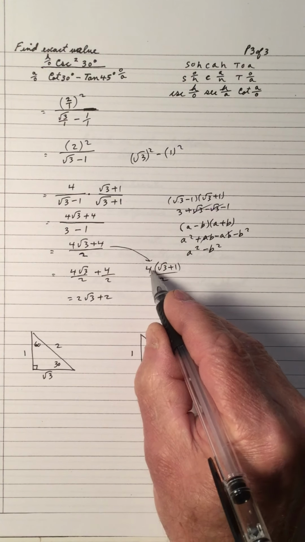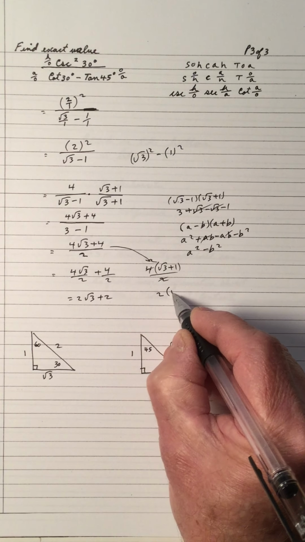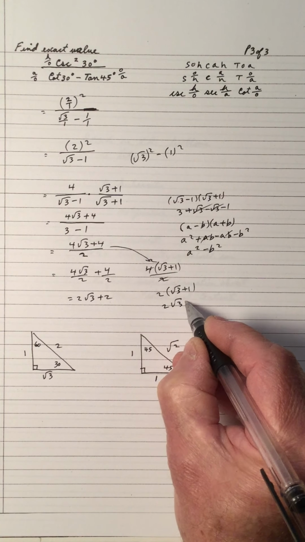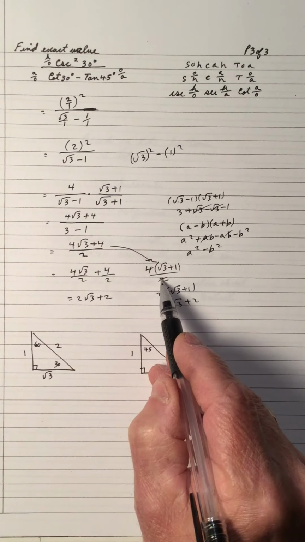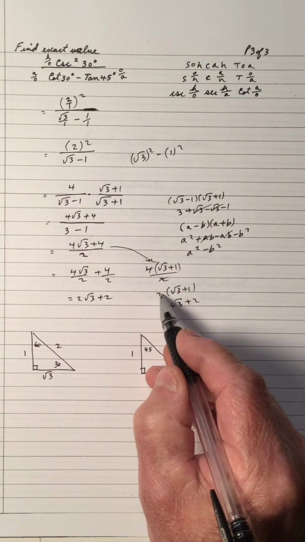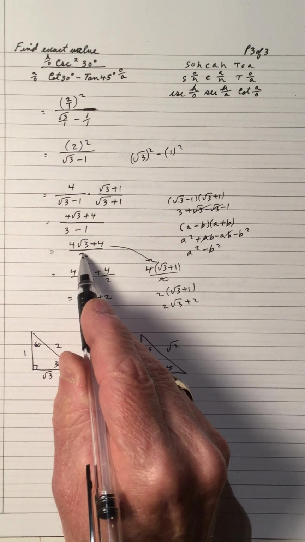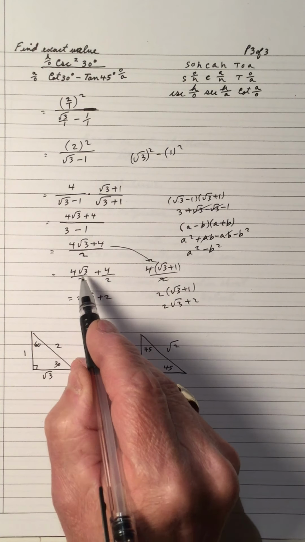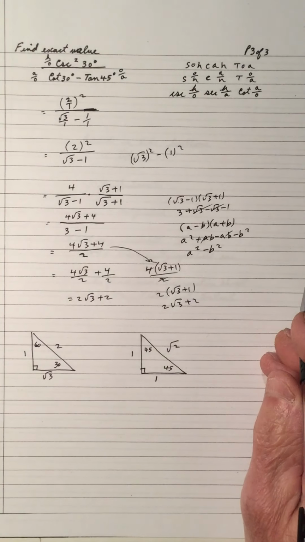And 2 into 4 goes 2, so that's 2 times root 3 plus 1. So if you factor the 4 at the top and then divide it by 2, you get a 2, and then you multiply. So it's just as quick, 2 is divided into both of these terms. There they are. Now you simplify. So you can do it this way, or you can go down this way, your choice.